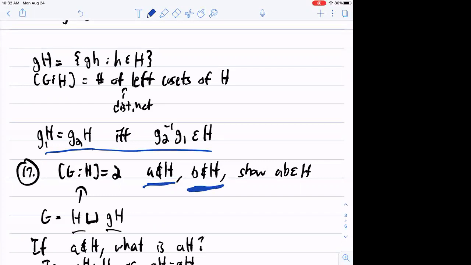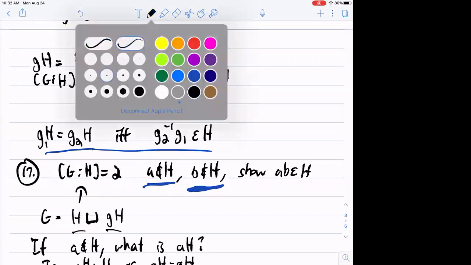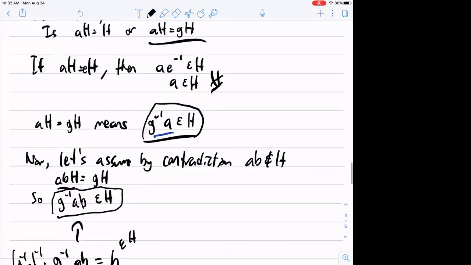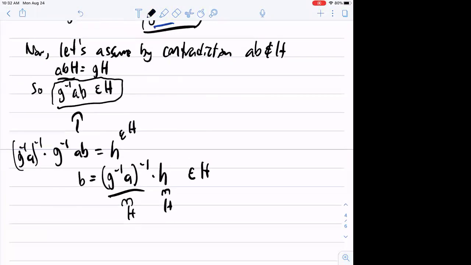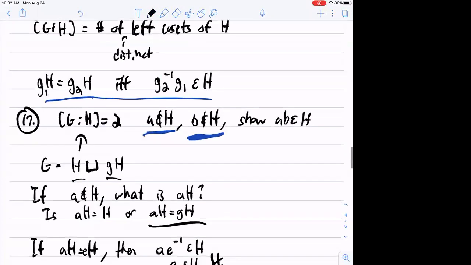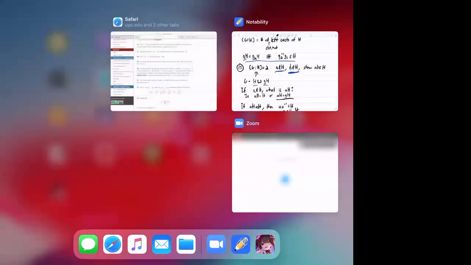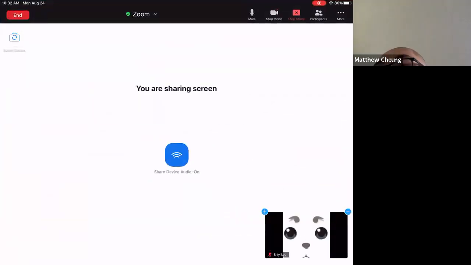So, everyone good? B doesn't have to be the identity, right? In fact, it can't be the identity, because H is a subgroup. So if B is not in H, it can't be E. Everyone understand?